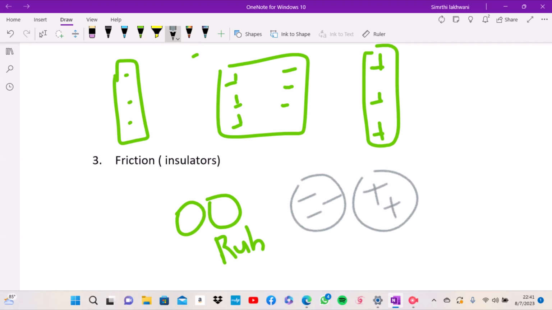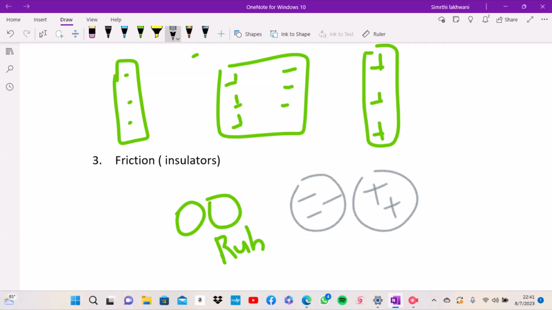When I say that there is a transfer of charge, it means there is a transfer of mass as well. The body that receives the electrons also increases in mass, by a very tiny amount.